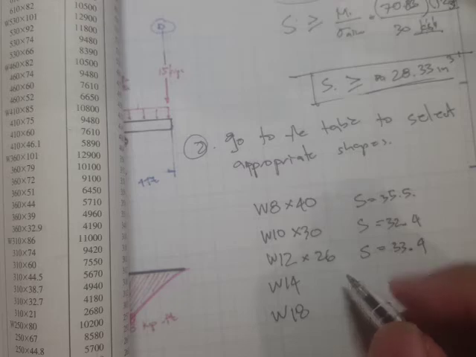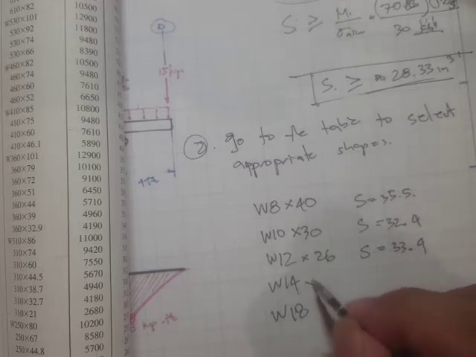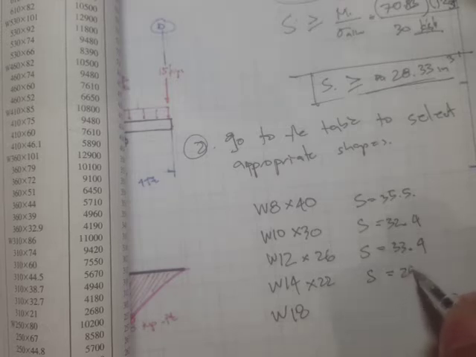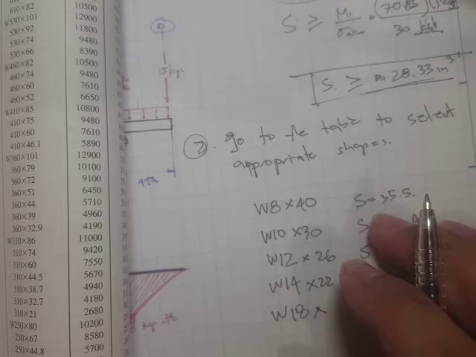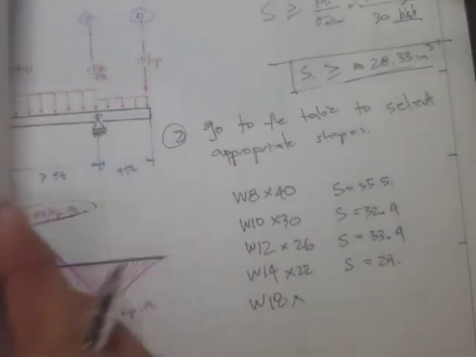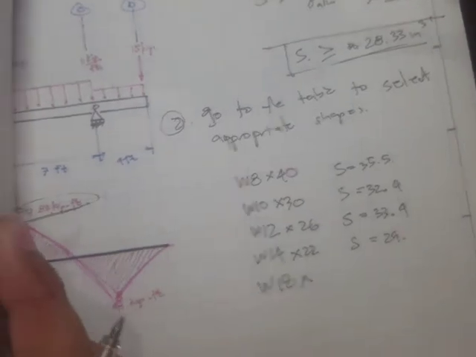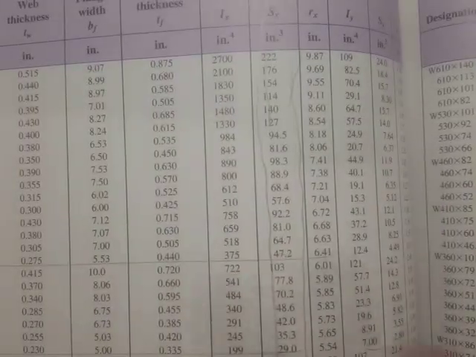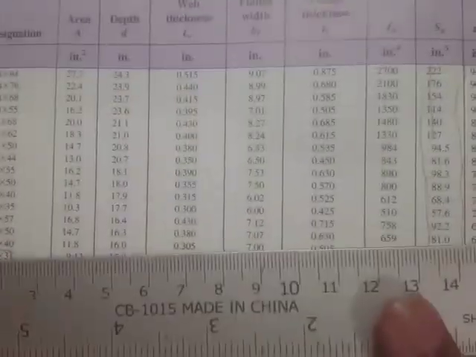And for 14, we have 14 by 22, and the S is equal to 29. And for W18, okay, W18. So it's not 16, it should be W18.